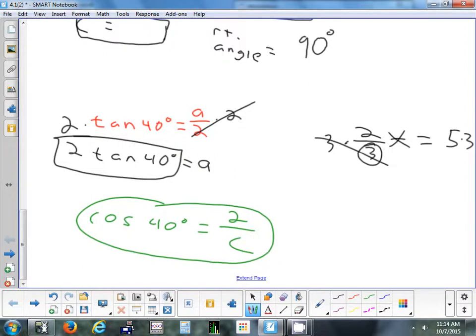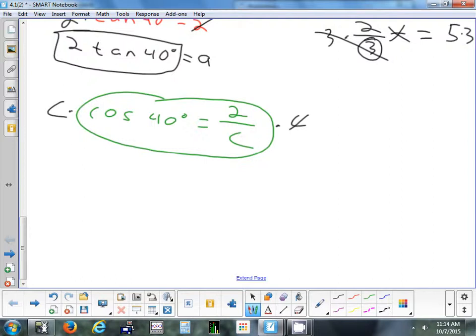So what's the opposite of divide by C? Multiply by C. What that does is it cancels those C's out, and we get C times the cosine of 40 equals 2.